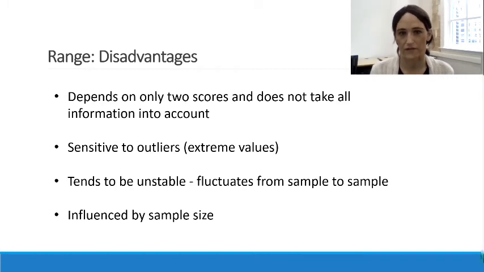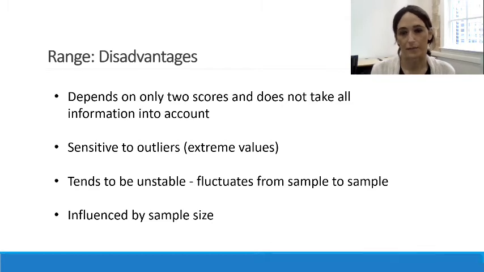The disadvantages of the range: it does depend on only 2 scores and does not take into account all information. So it wouldn't necessarily weight in data points. It would simply take those lowest and highest values. So it is very sensitive to outliers, extreme values. We could have had one observation that was well outside the range of the typical values.